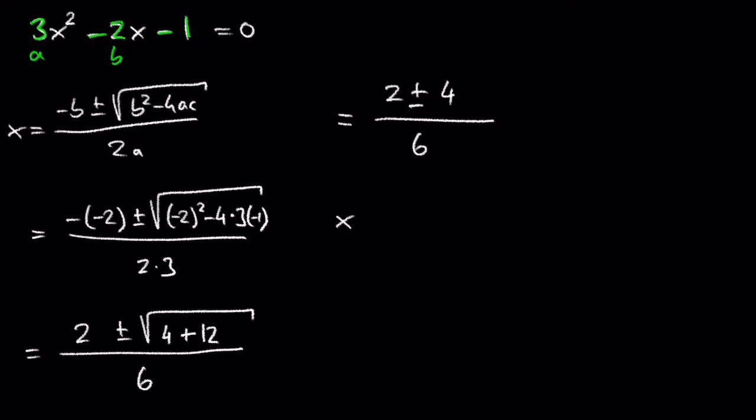So our first solution is 2 plus 4 is 6 over 6 is 1. And our second solution is 2 minus 4 is negative 2 over 6 is negative 1 over 3.